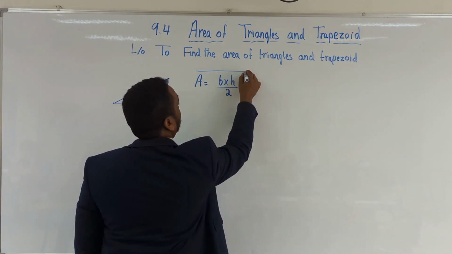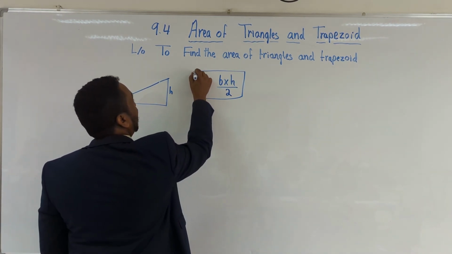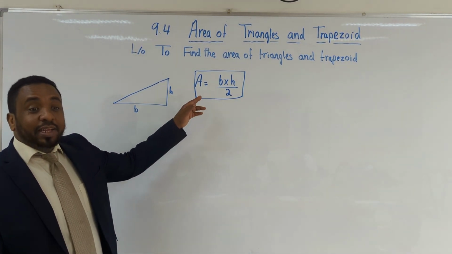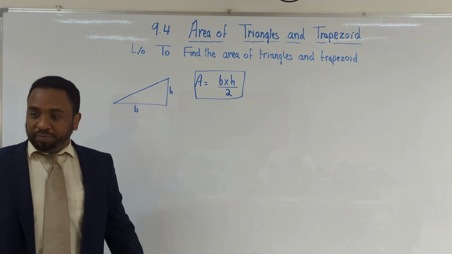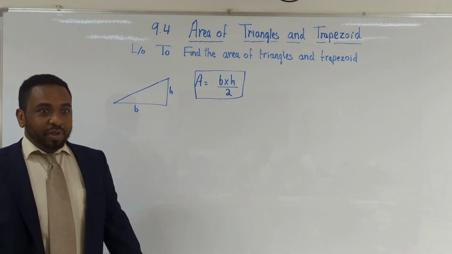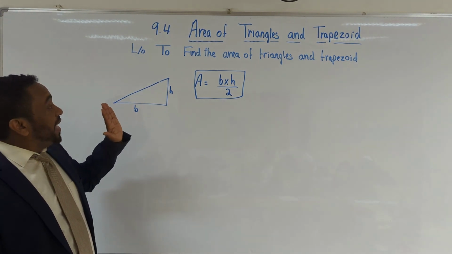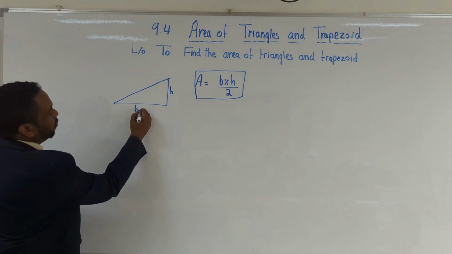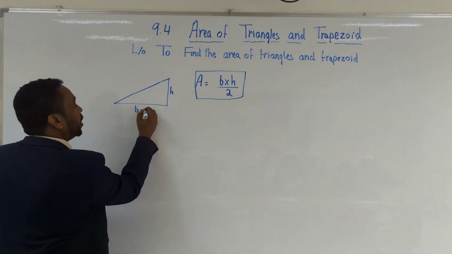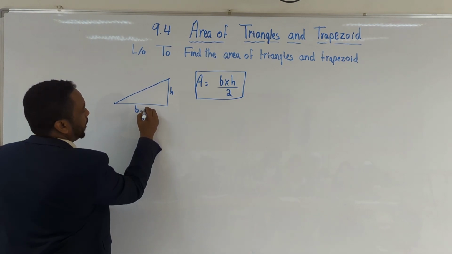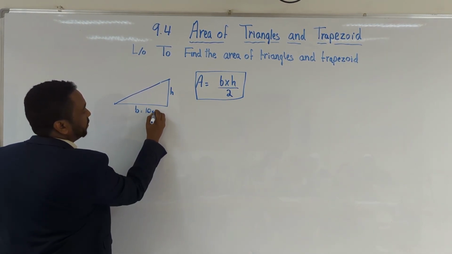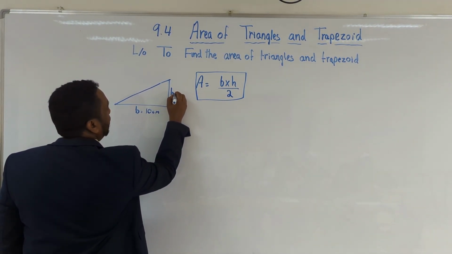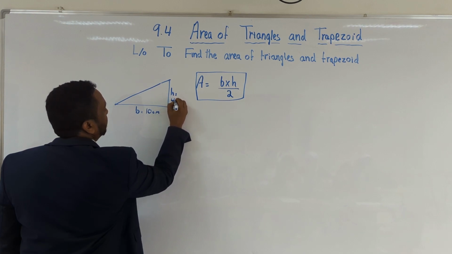So this is the formula to find the area of a triangle. The area of a triangle is base times height divided by 2. But we don't have a rectangle. We are talking about a triangle now. So for example, the base here will be 10 centimeters and the height here will be 4 centimeters.